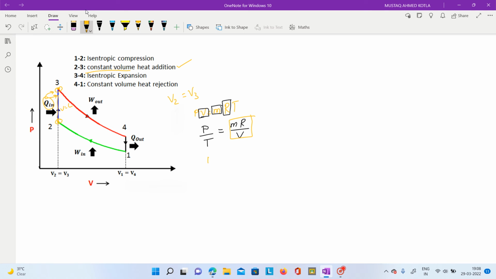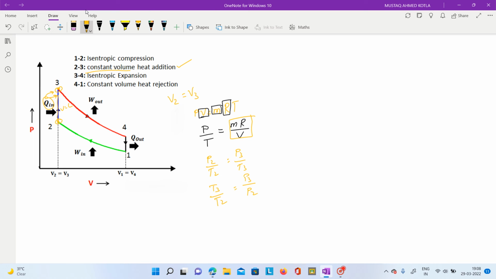Then P2 by T2 equals to P3 by T3, right? Then we can write it as T3 by T2 equals to P3 by P2. Here you have to remember that.